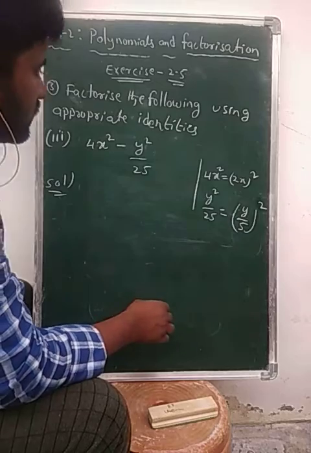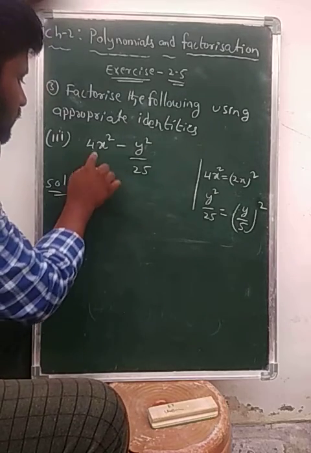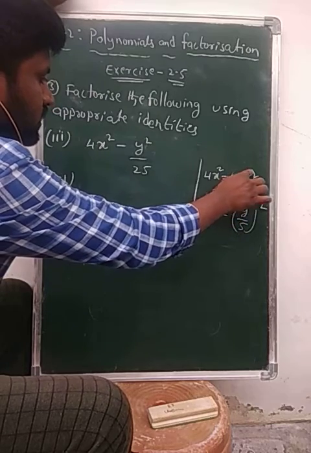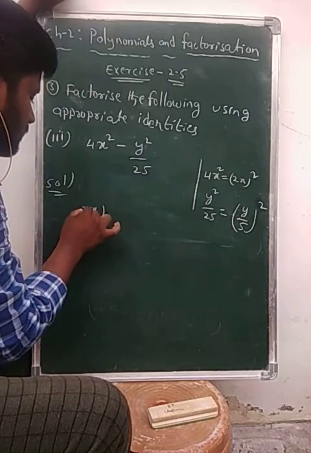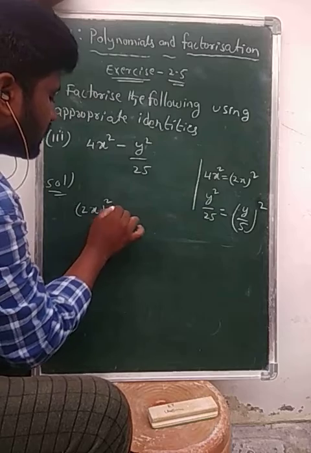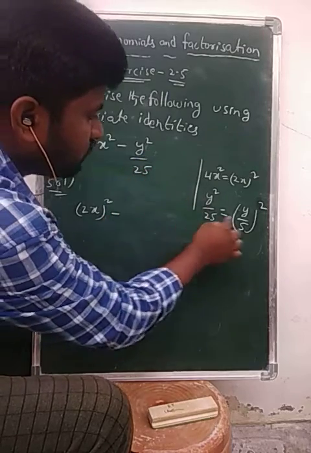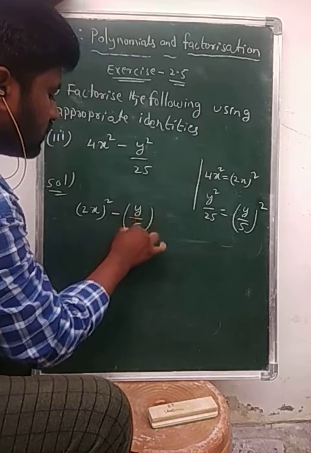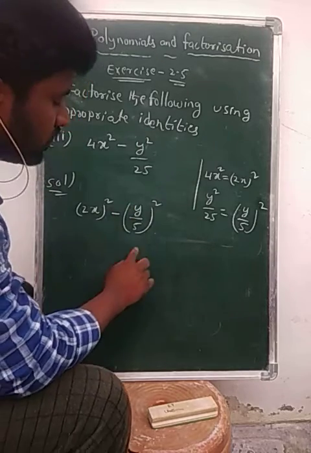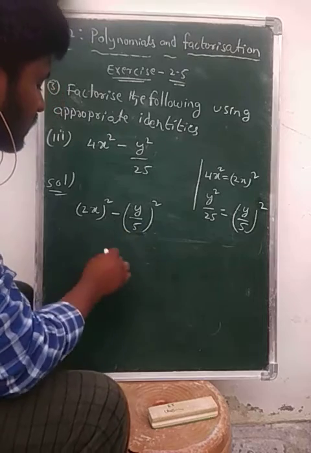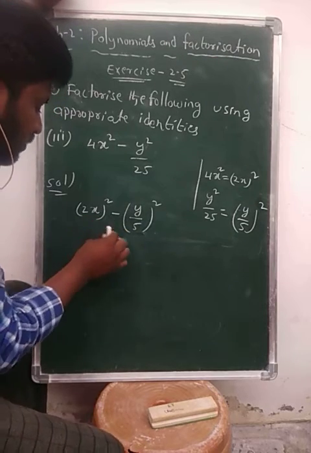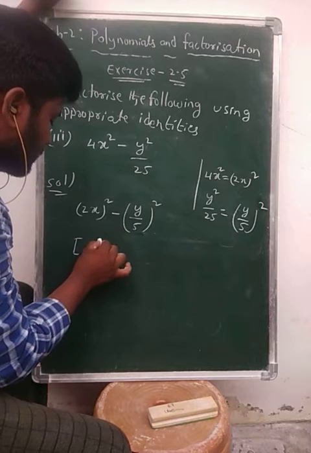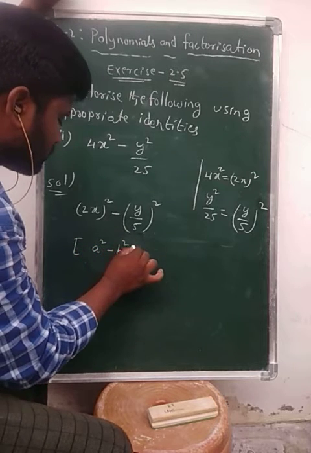So now I am writing 4x square as 2x whole square, minus y square by 25 as y by 5 whole square. Now it is in the form of, what is the suitable identity here, that is a square minus b square.